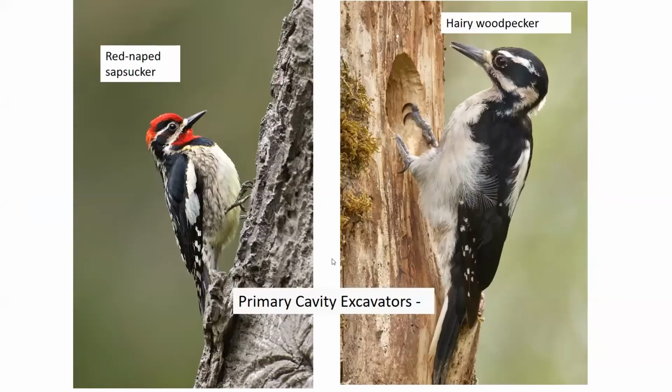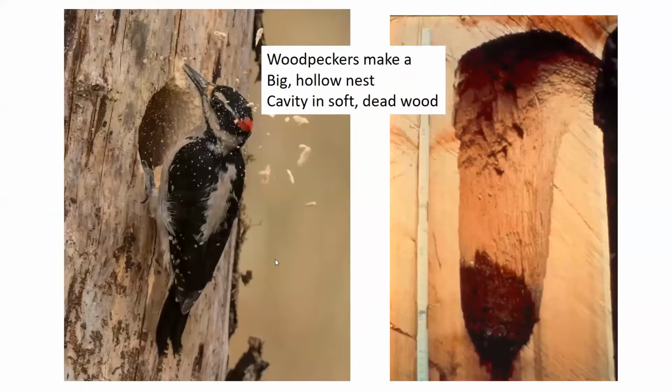Other primary cavity excavators that make a nesting hole every year: hairy woodpeckers, red-naped sapsucker in eastern Washington, red-breasted sapsucker in western Washington, and every year they will make one of these amazing holes, and say this hairy woodpecker hole will be 4 times deeper than the diameter.